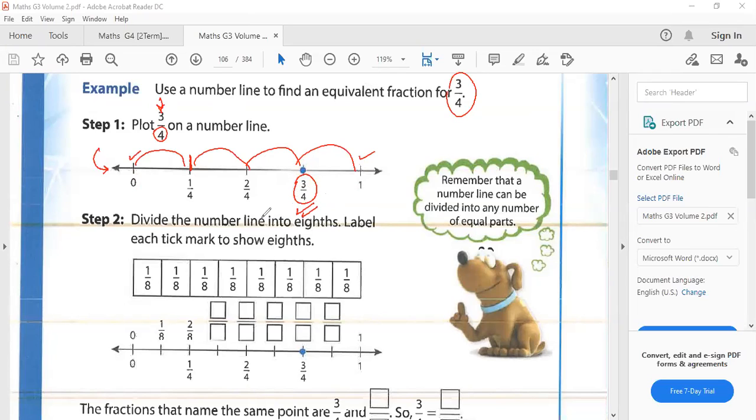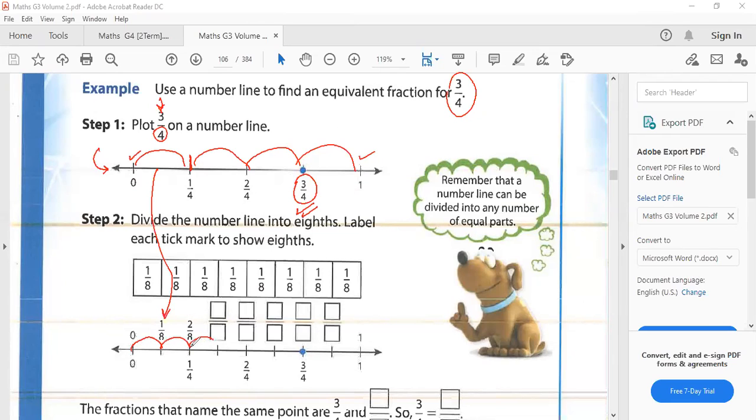Now you need to divide the number line again into tiny jumps, or small jumps, so that each jump we will divide from its middle like this to get eighths. So we will have now 8 equal parts.